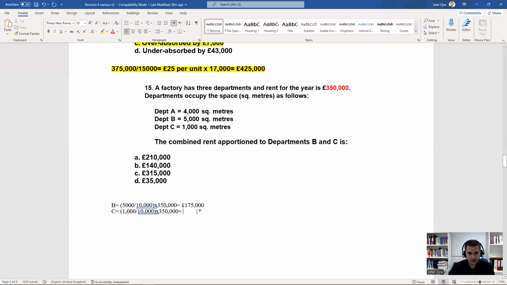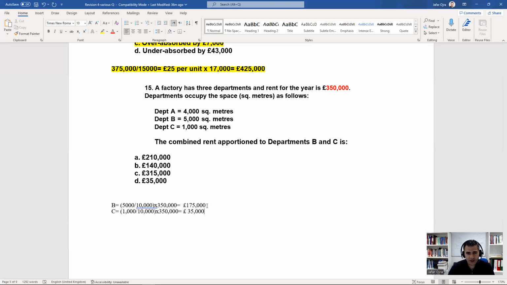And for C, 1,000 divided by 10,000 multiplied by 350,000 makes 35,000.